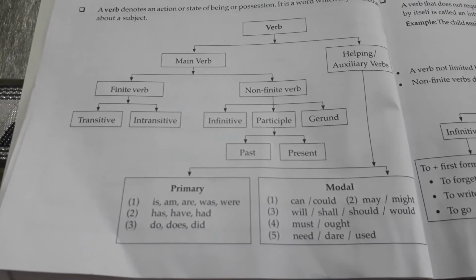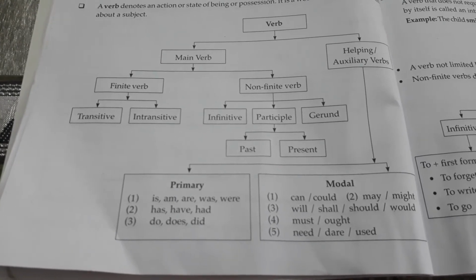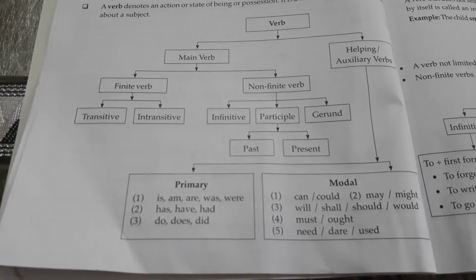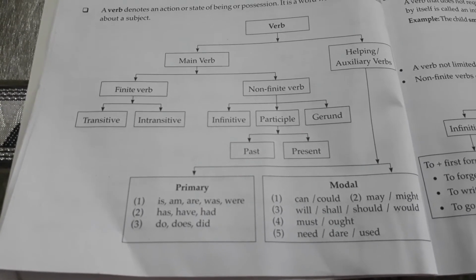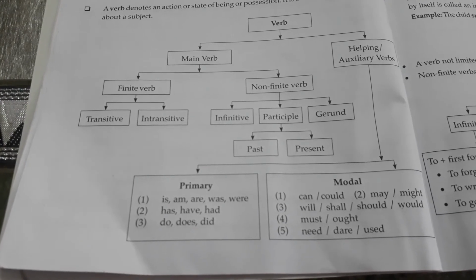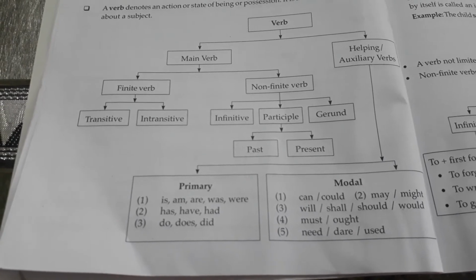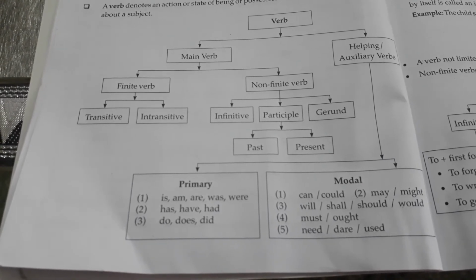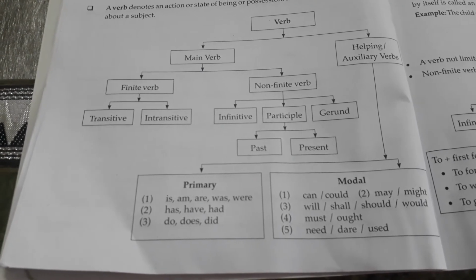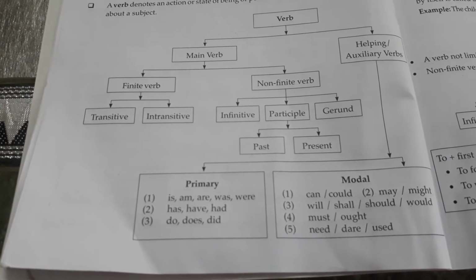So let us revise what a finite verb is and what a transitive and intransitive verb is. A finite verb tells us the tense of the sentence. I repeat, a finite verb tells us the tense of the sentence. Again, finite verb is divided into transitive and intransitive.